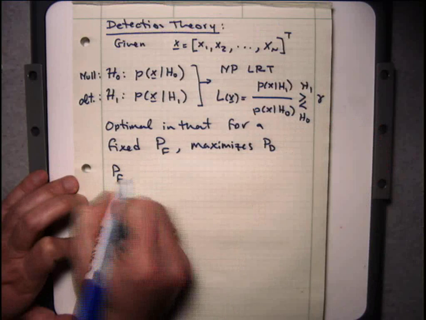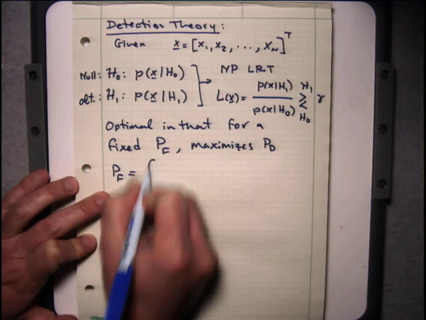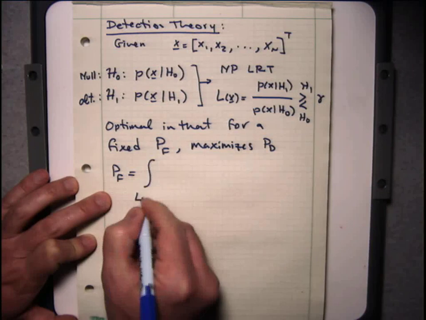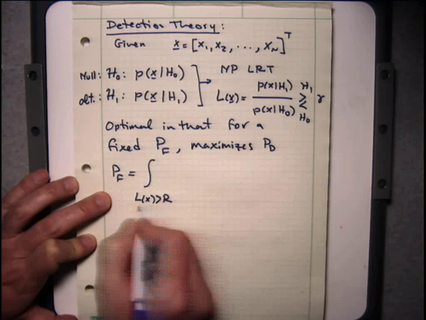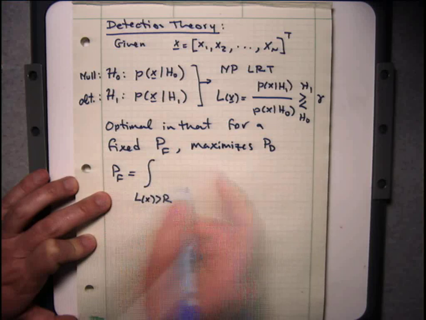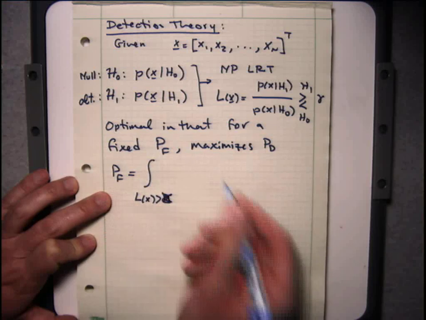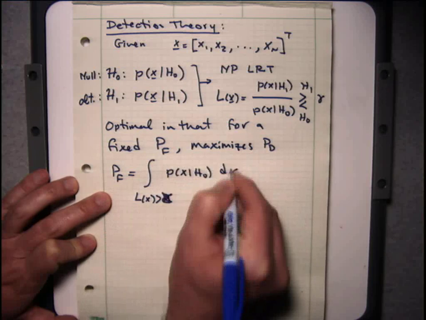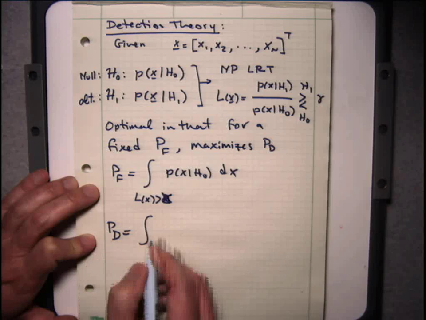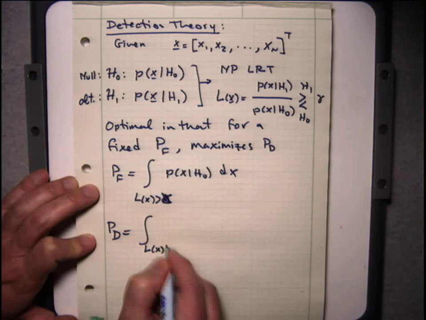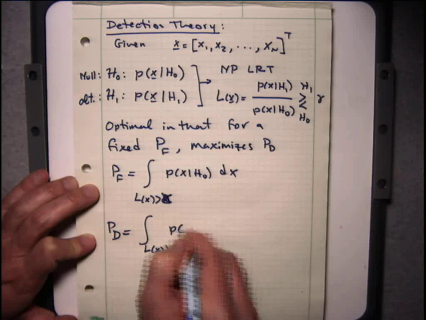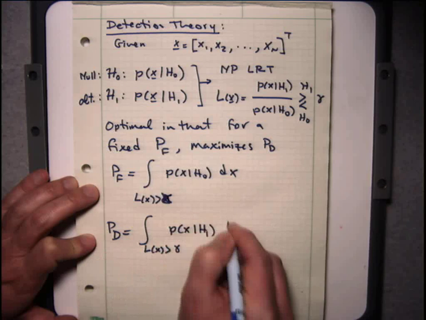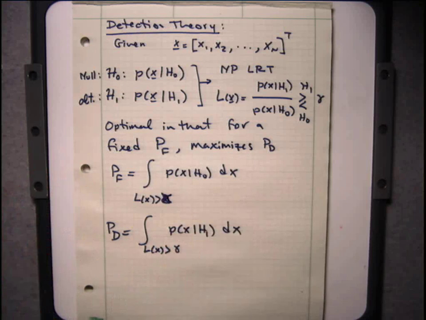So probability of false alarm is the integral over the region where this likelihood ratio exceeds gamma, PDF of x given H0 dx, and PD is the integral over the same region of PDF of x given H1 dx. Okay, and this is what we call the critical region, L of x exceeds the threshold.